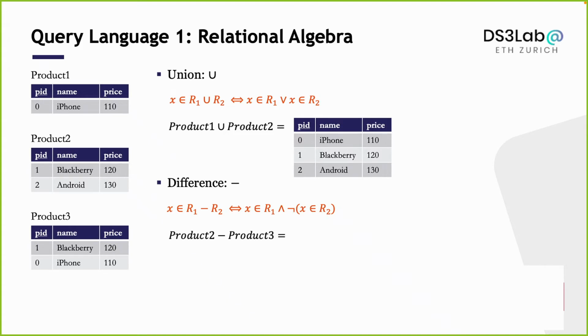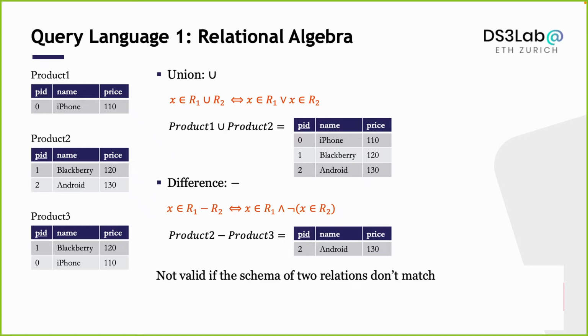If you want to compute the difference, the first thing you need to check is whether you are able to take the difference between these two. Essentially, they have the same schema. All of them have 3 different attributes, and all of the attributes have the same name and same type. So you are able to take the difference. Then it's well-defined. If you take the difference between these two relations, you get a new relation that looks like this.